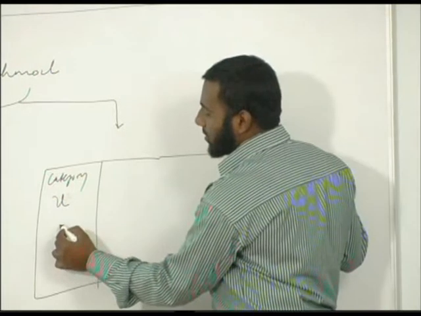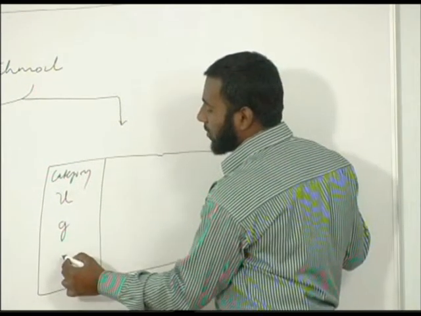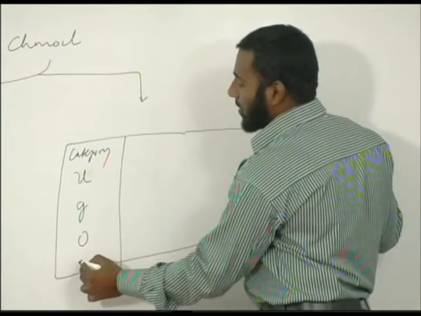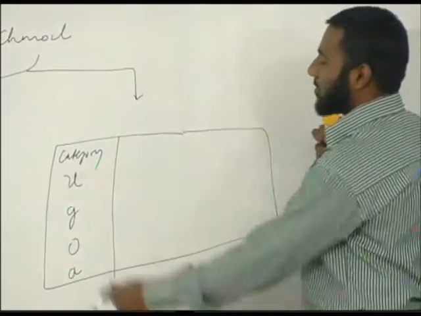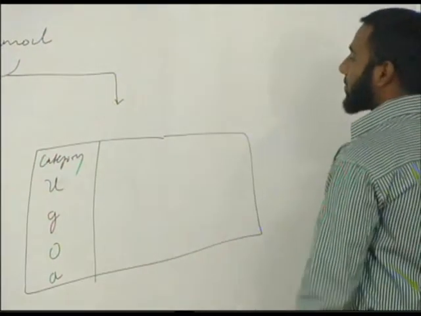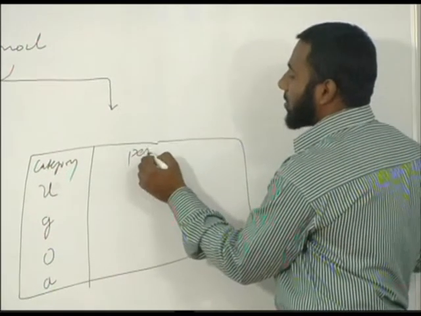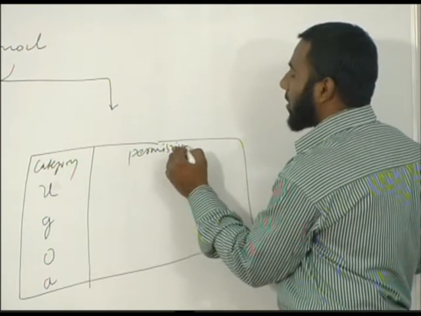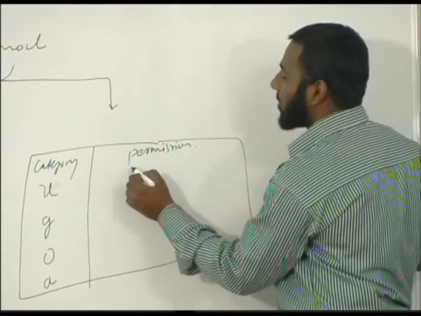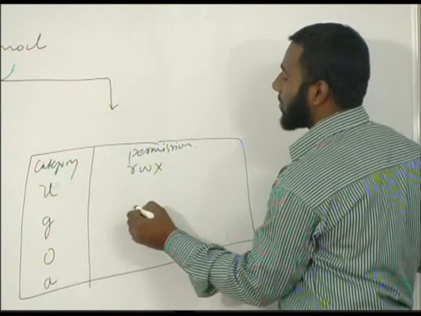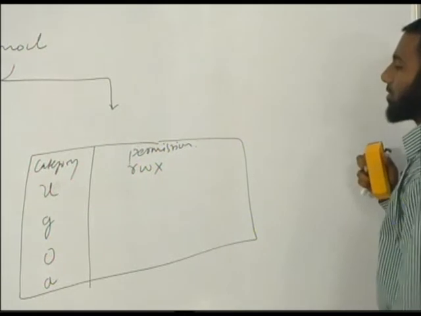So G is for group and O is for others, and A represents all, UGO. And what types of permissions are available? Permissions can be read, write and execute. All these are the permissions which are available.